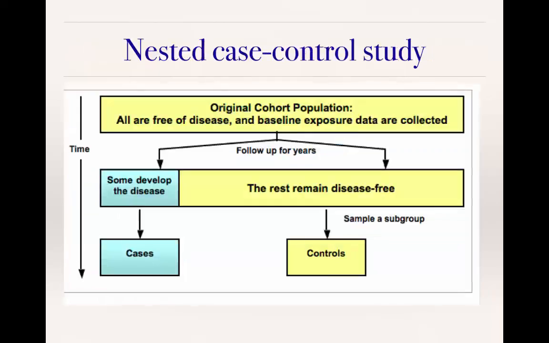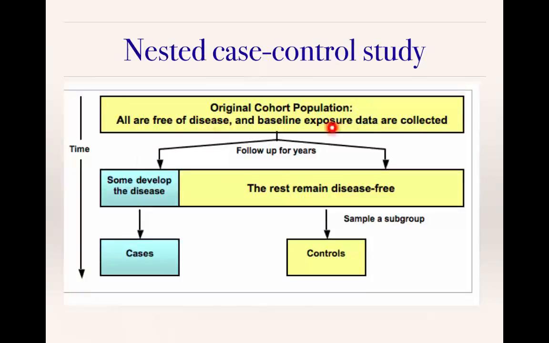We talked very early on about the selection of cases, and one of them was to use a cohort selection, in which case we ended up with a nested case control study. Basically, a nested case control study is a type of case control study that draws its cases and controls from a cohort population that has been followed for a period of time. From the schematic here, we see that they select an original cohort population, just as in a cohort study.